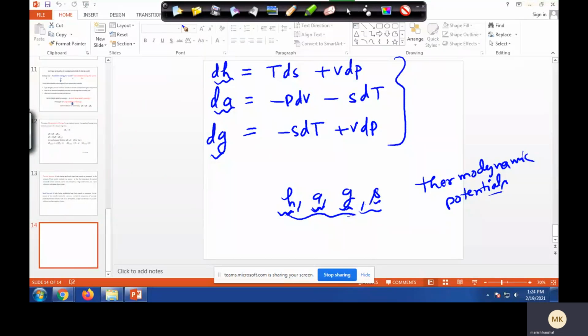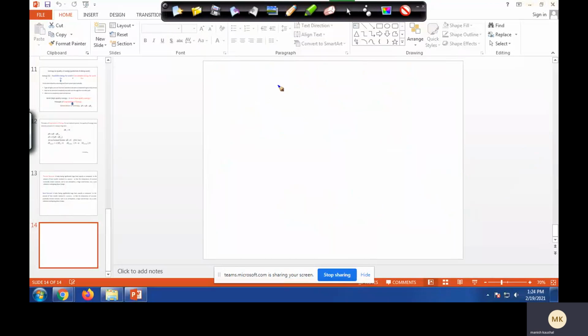Fine. So we have Maxwell relations, we have thermodynamic potentials. Now we will see other thermodynamic relations. Before that, we have the expression of T and the expression of P. Again, there is another assignment problem whose solution you should see, because we are going to use it a lot.